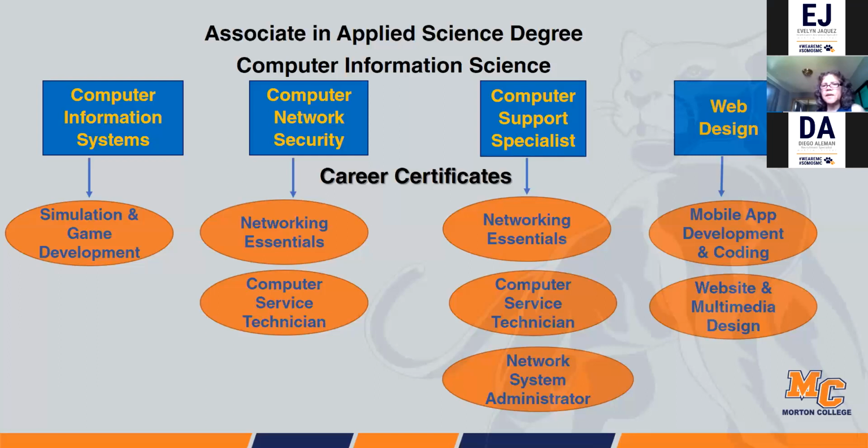So you're also going to be completing classes that will get you 3 different career certificates. You're going to be working on the Networking Essentials, the Computer Service Technician, and also the Network System Administrator Career Certificate. And lastly, we have the Web Design degree.